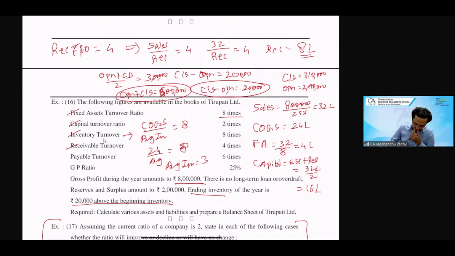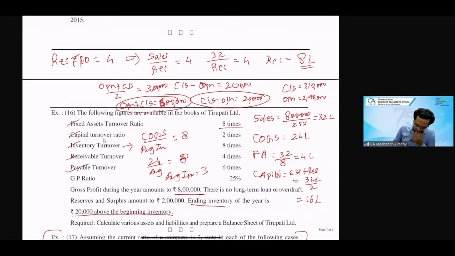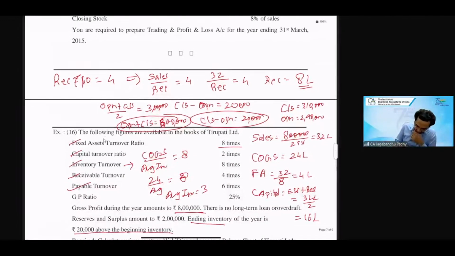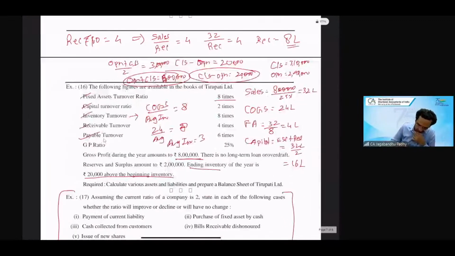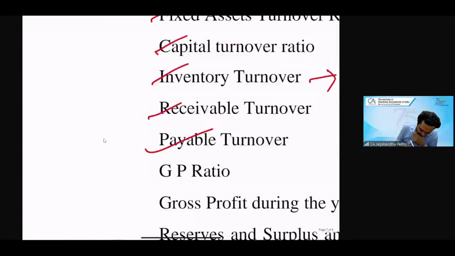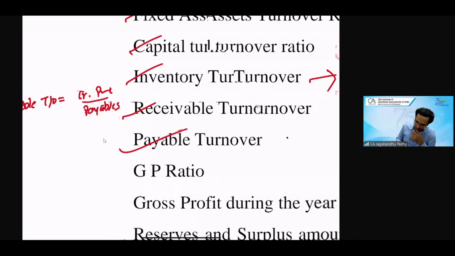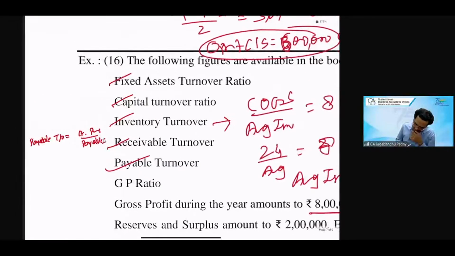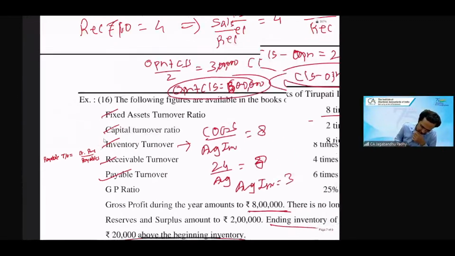Okay. Now coming to the payables turnover. How do we calculate payables turnover? Credit purchases upon payables. Payables turnover ratio is 6 times.